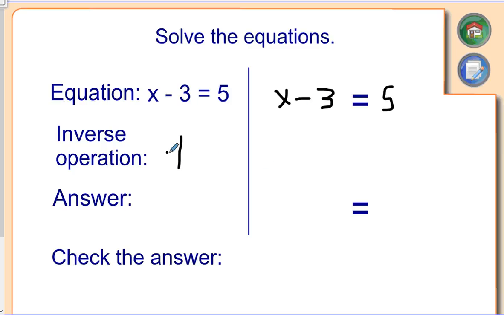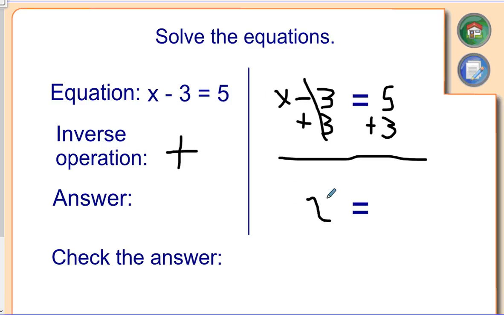Well, it would be to add 3. So what I'm going to do is I'm going to add 3 to both sides. When you have negative 3 and you add 3, they cancel out, become 0. So all I'm going to have left on this side of the equation is x, and then 5 plus 3 is 8. Okay, and that would be our answer.